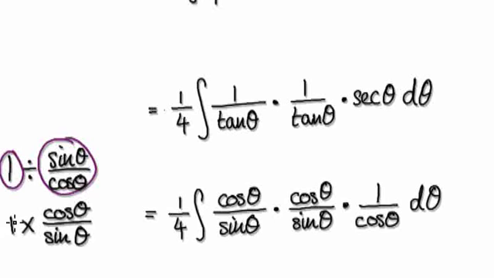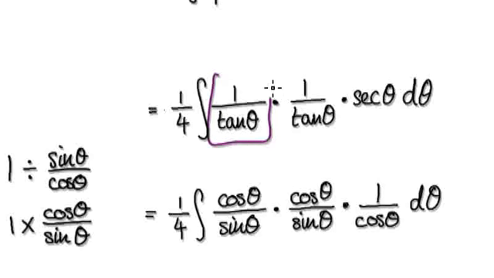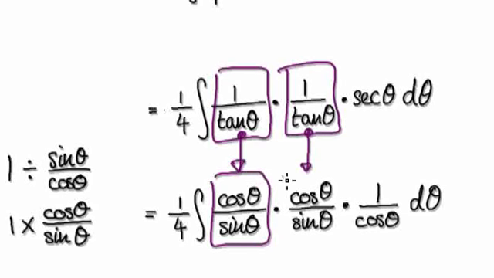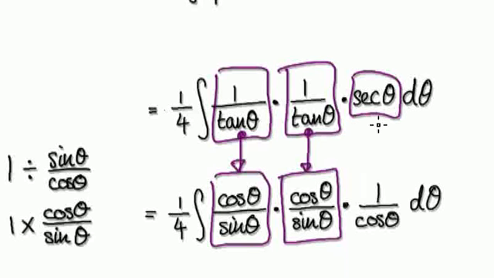Well, 1 divided by a fraction is the same as 1 multiplying with the reciprocal. So 1 over tan theta is the same as cos theta over sine theta. So this block here is exactly the same as this block here.